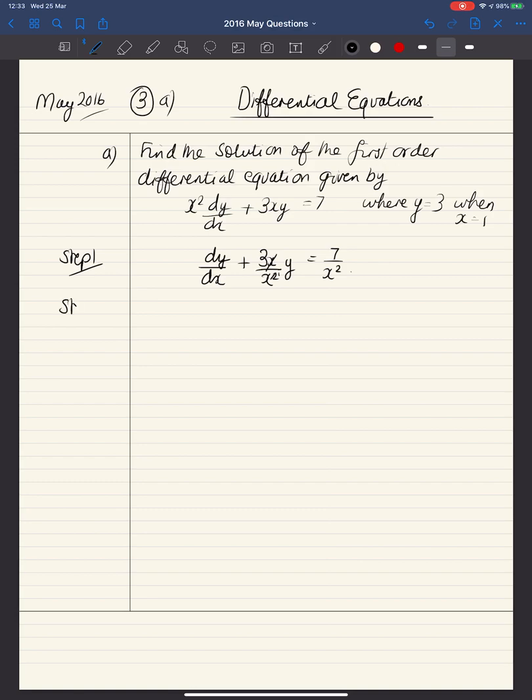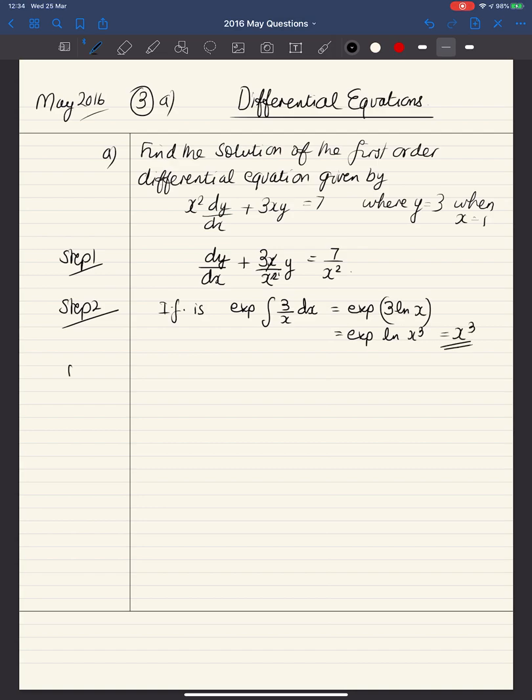Then step 2 is find the integrating factor. The integrating factor is the exponential of the integral 3 over x dx. The exponential of 3 ln x, which is the exponential of ln x cubed, which is just x cubed.